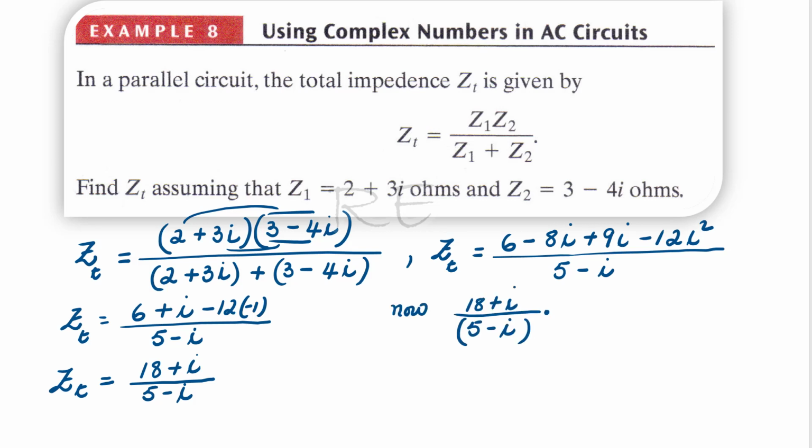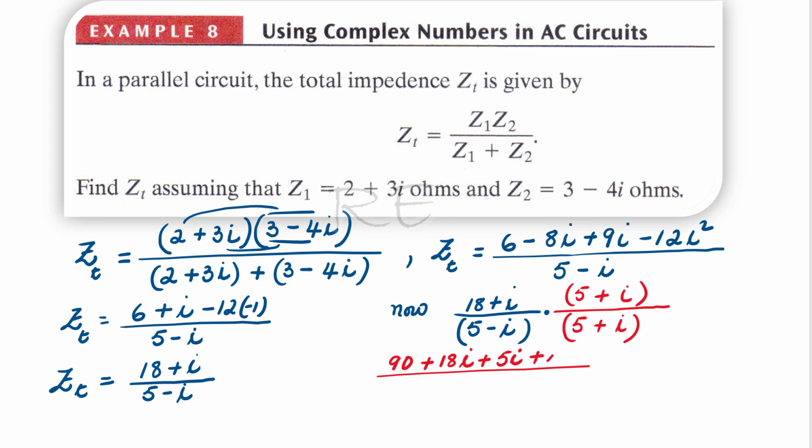Now we need to write it in standard form. Therefore, we need to multiply the fraction by 5 plus i over 5 plus i, the conjugate of the denominator over itself. 18 times 5 is 90. 18 times i is 18i. i times 5, 5i, and i times i, i squared.